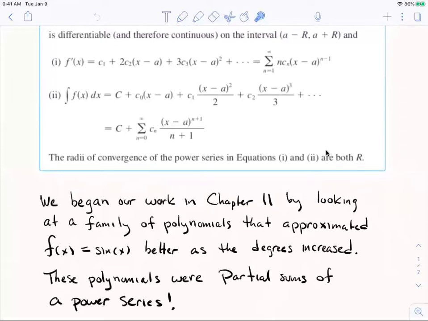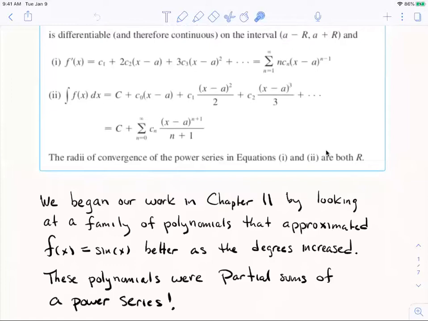It was the very first video of chapter 11, section 11.1, part 1, where I had these polynomials. They had kind of weird coefficients. I didn't say anything about where they came from, but the more and more terms I added to those polynomials, the better and better I got a graph that was approximating the sine function. Those polynomials were just partial sums of a power series, and moreover, they were partial sums of one of these things I want to tell you about, a Taylor series, Maclaurin series.